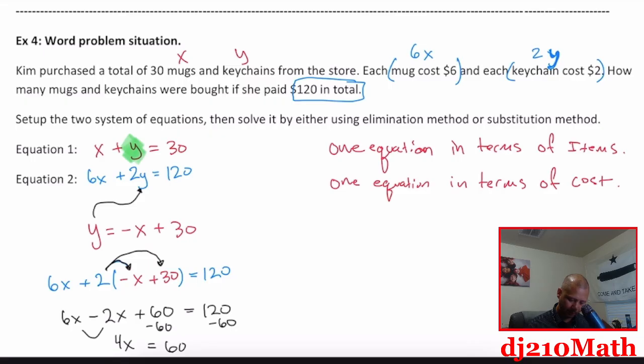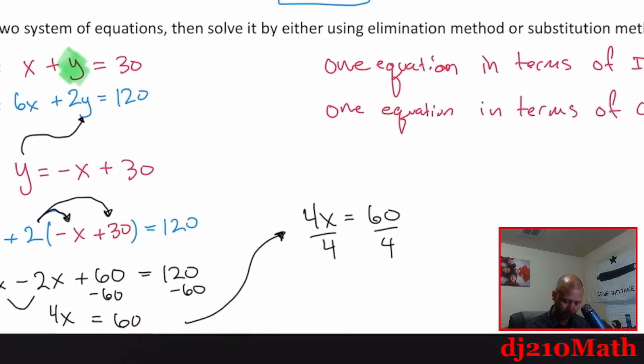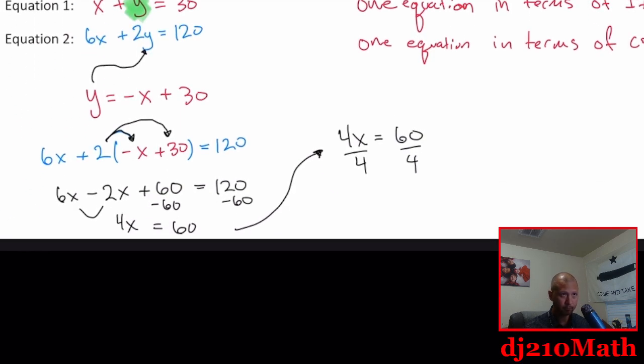All right, off to the side here, this is going to be 4x equals 60. I'm just cleaning it up. When I divide to solve for x, 60 divided by 4, so x is equal to 60 divided by 4.